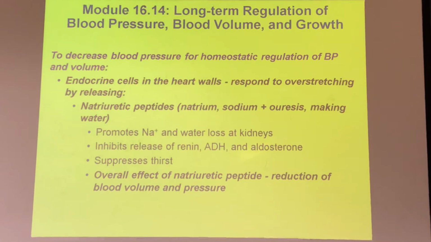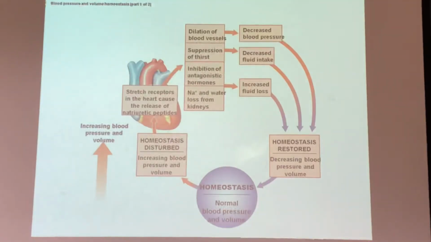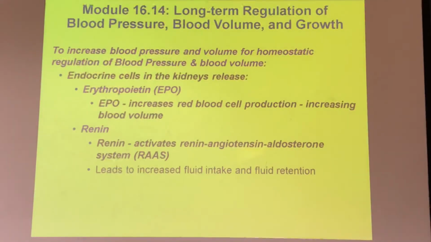So you are decreasing the blood pressure by natriuretic peptide. On the contrary, this is normal, it is disturbed, for example, now the heart wall overstretches, they produce natriuretic peptide and then it does these, and then decreases fluid and decreases pressure. When you have to increase the blood pressure, it will be the opposite.